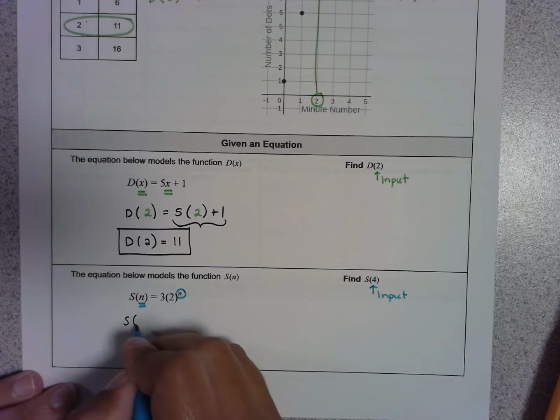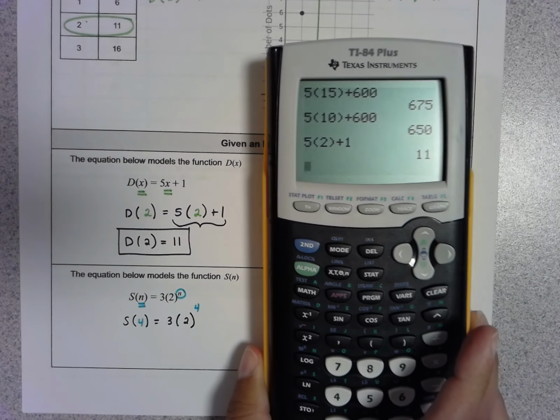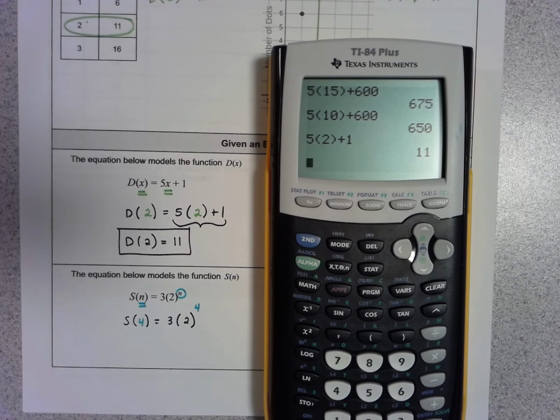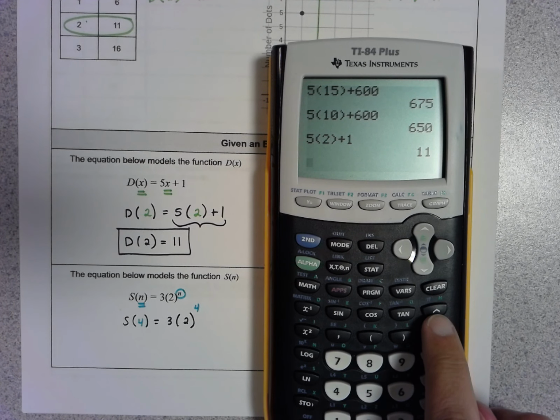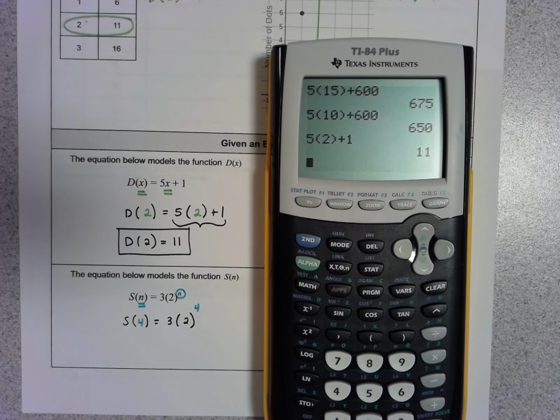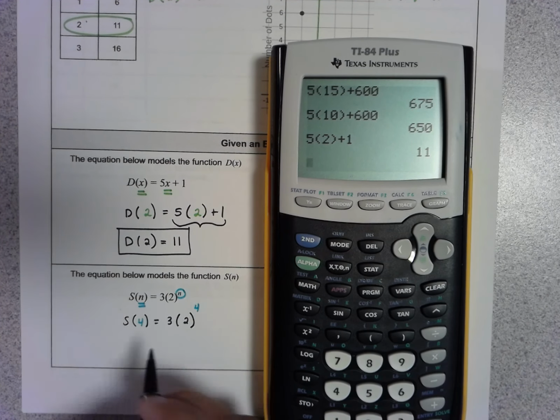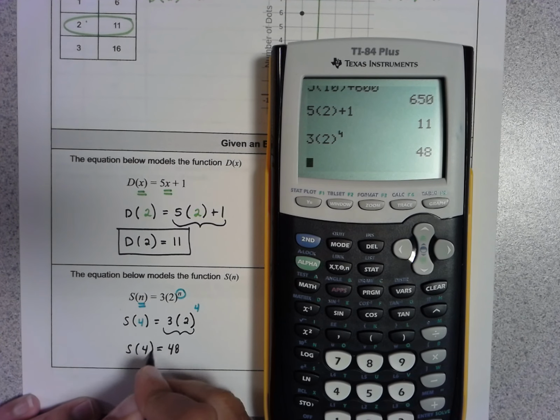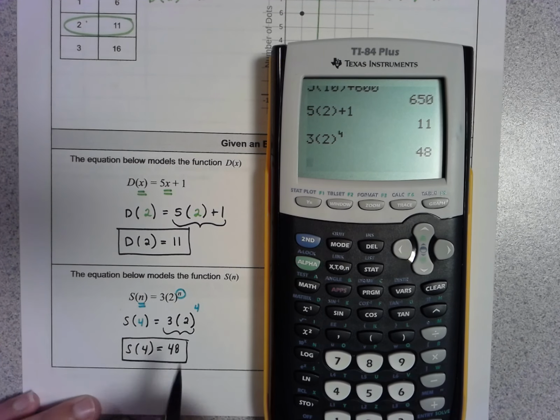Again, your calculator is very helpful here. One button that I want to make sure you see, in case you didn't know it was there, is this little arrow called a caret. It makes an exponent. So to type in this equation, I would type 3(2), then push the caret button and make it a 4. If I hit enter, I get 48. So I would say S of 4 equals 48, and that would be my answer.